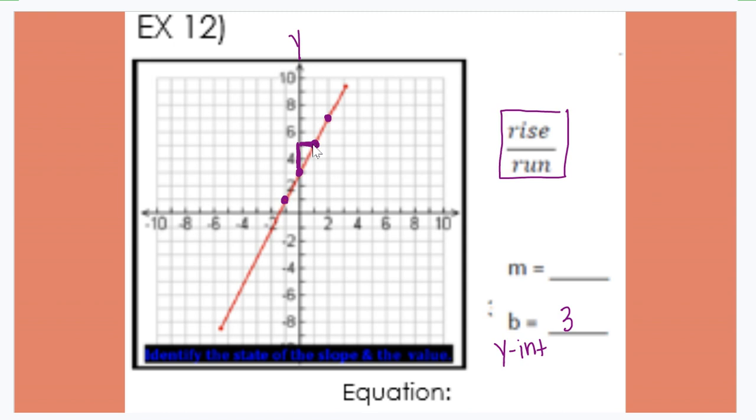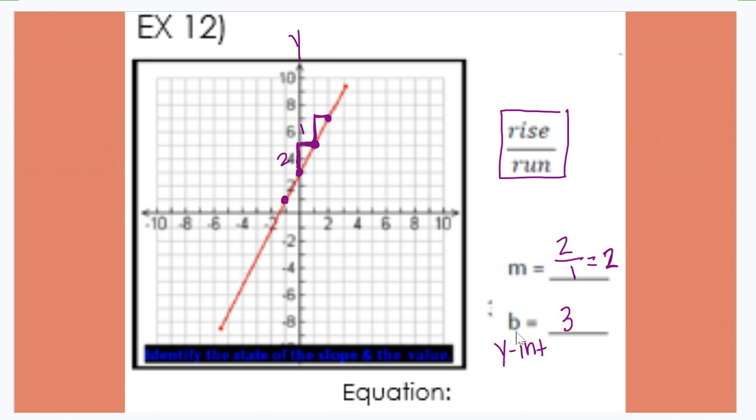And then I like to always do it one more time just to make sure I didn't miscount. Rise 2, run 1. Up 2, right 1. And it worked. So our slope, rise 2, run 1, would be 2 over 1. Then we can simplify 2 over 1 equals 2.